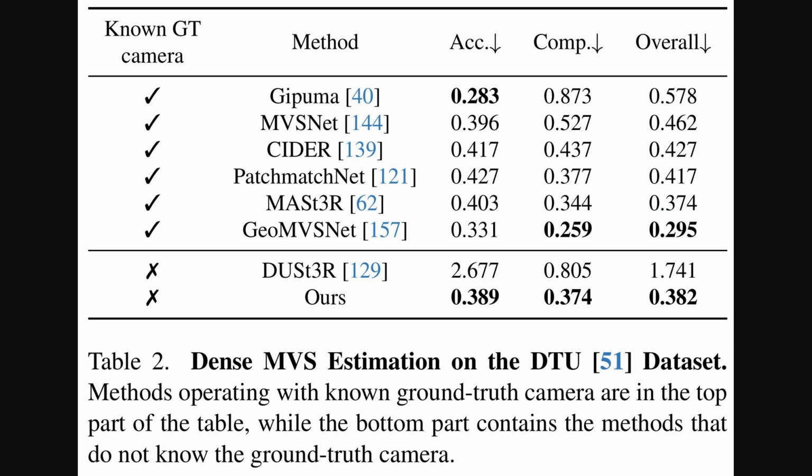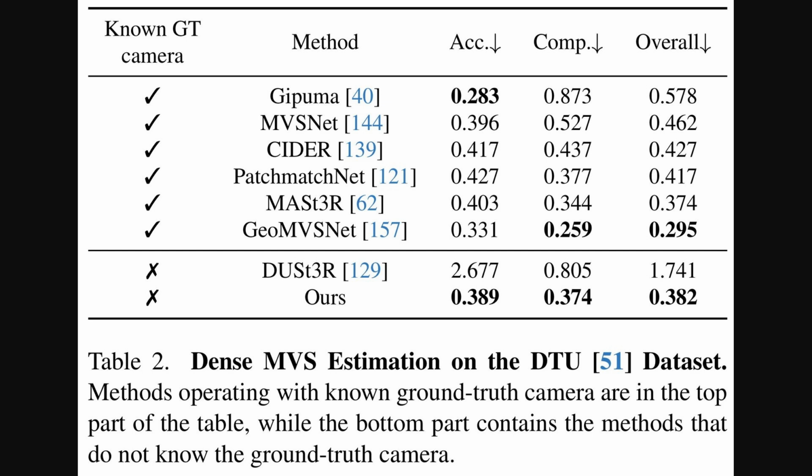Okay, so we just saw how well VGGT does with camera poses. Now, Table 2 shifts focus to another important 3D task, dense multi-view stereo estimation, basically figuring out the depth for lots of points. This is on the DTU dataset, and it's looking at accuracy and completeness metrics, where lower numbers are better. Notice the table is split. The top methods get the correct camera positions given to them, while the bottom ones, including VGGT, have to figure that out themselves.